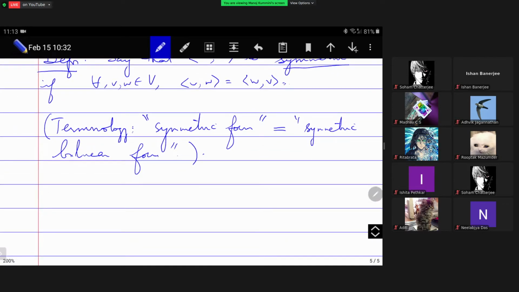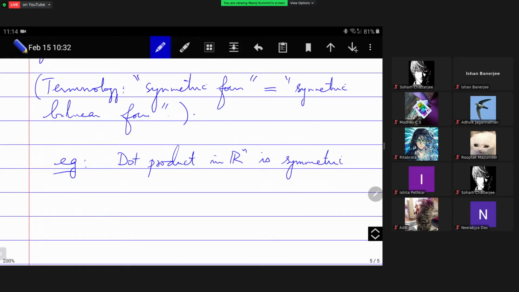Now a proposition. How do we identify a symmetric bilinear form? So for example, the dot product in Rn is symmetric.